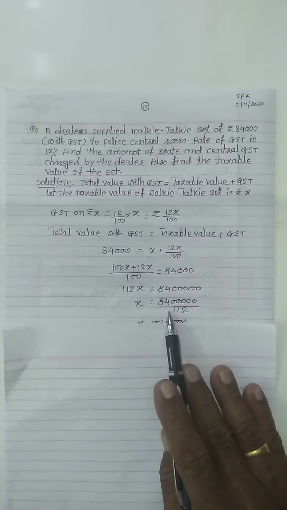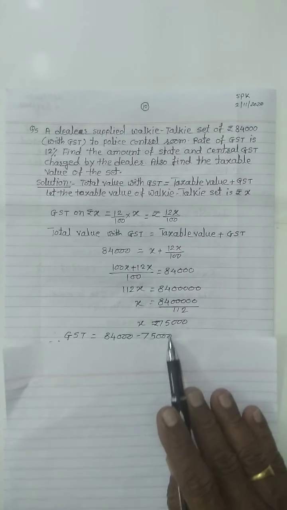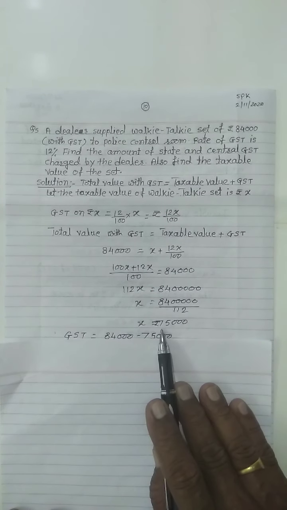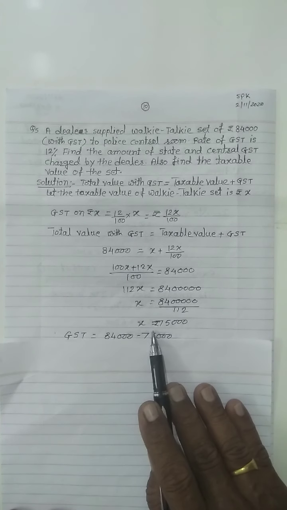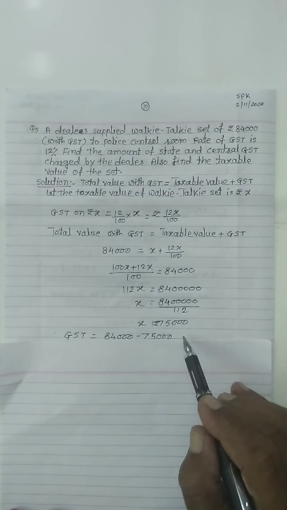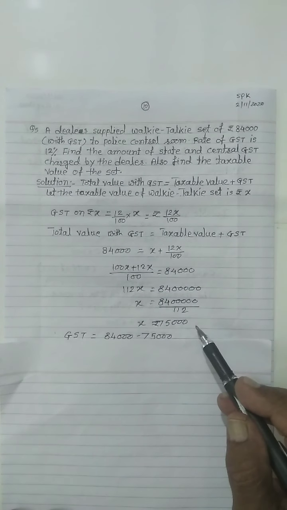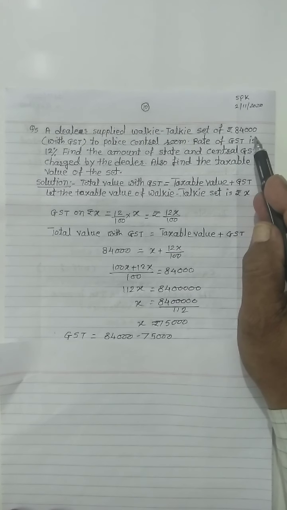Then x equal to 84 lakh divided by 112. We get here x equal to 75,000 rupees, means taxable value of the walkie-talkie is 75,000, and with GST 84,000 rupees.